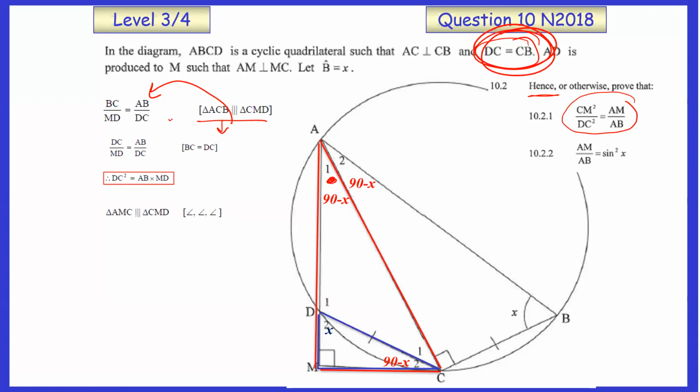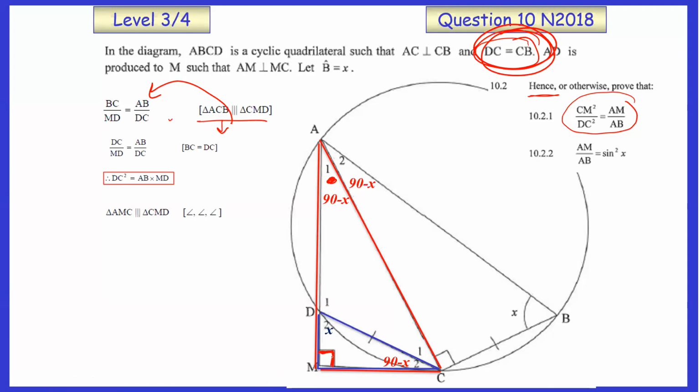Yes, sir. And then we have AMC and we have CMD, both are 90. No, A1 is not common, guys. That was a mistake. Oh, yes sir, because M is common. Would you agree that M is common?